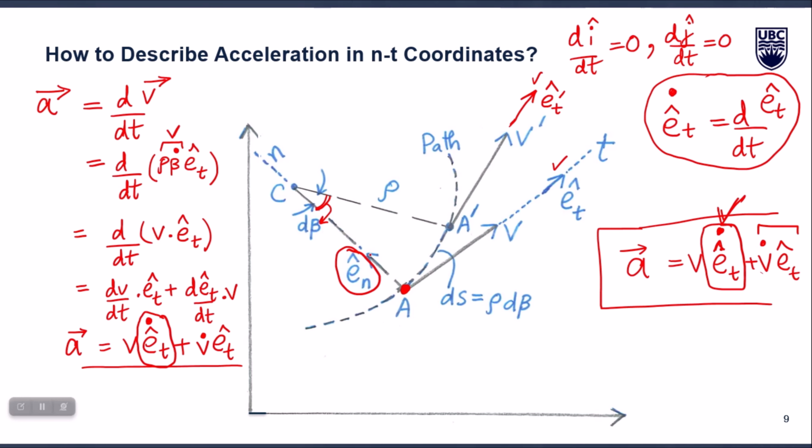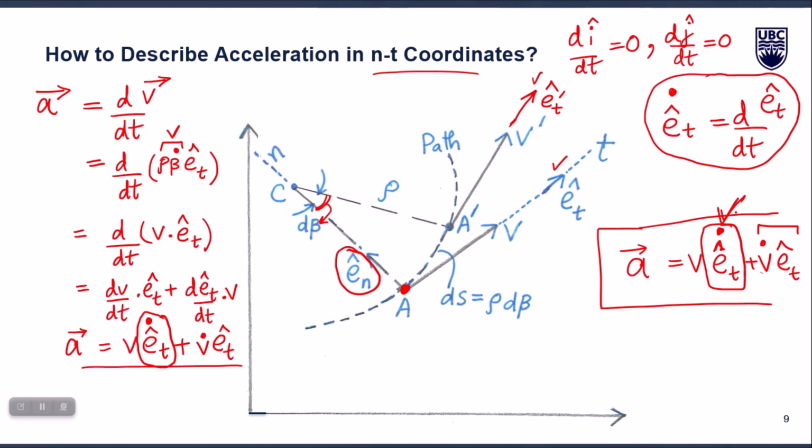Similarly, we have seen how we can describe the acceleration vector in this new n-t coordinate system. Here you have seen that acceleration has both components, one in the normal direction and one in the tangent direction. But in the initial formulation, we saw a quantity, the first derivative of the unit vector, appearing in the acceleration expression.